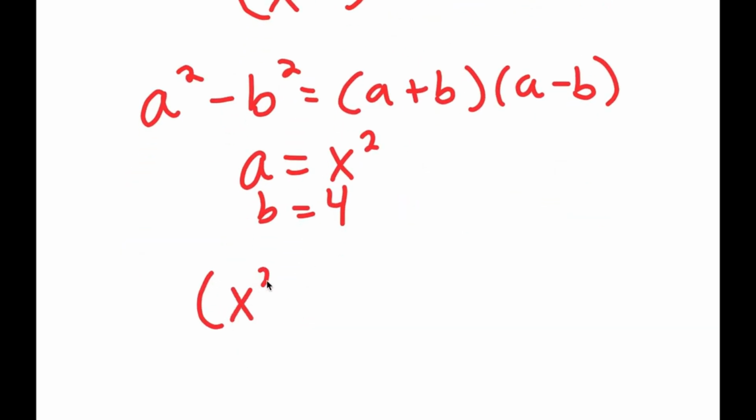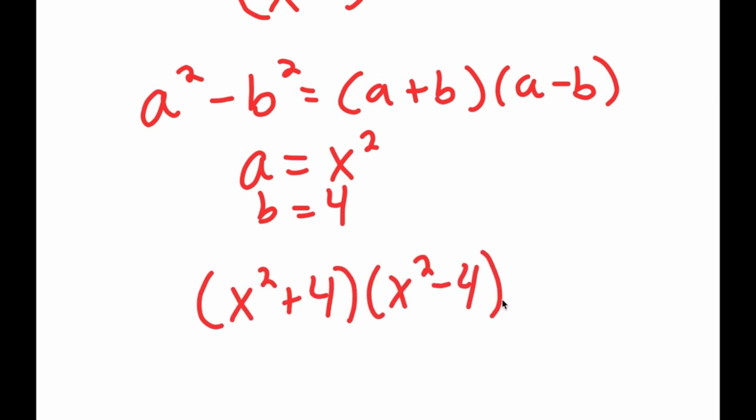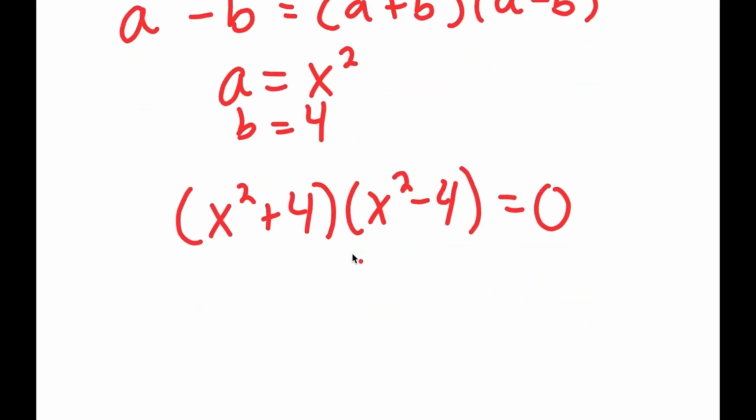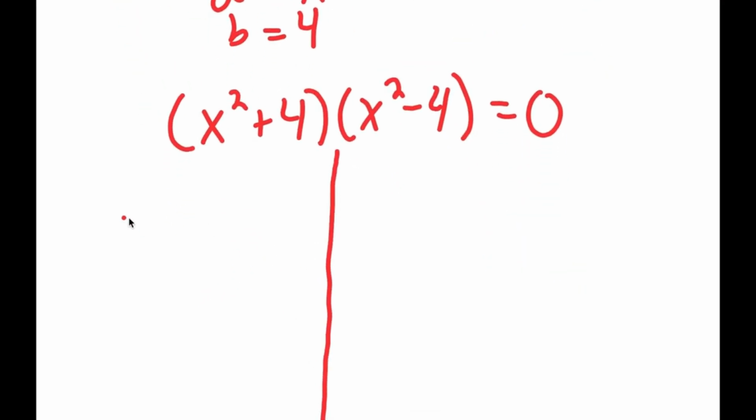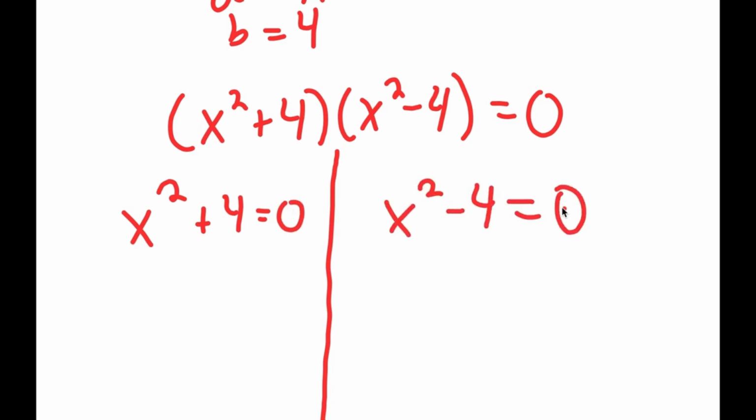So I get x squared plus 4 times x squared minus 4 is equal to 0. And this also gives me two equations. I get x squared plus 4 is equal to 0, and also x squared minus 4 is equal to 0.